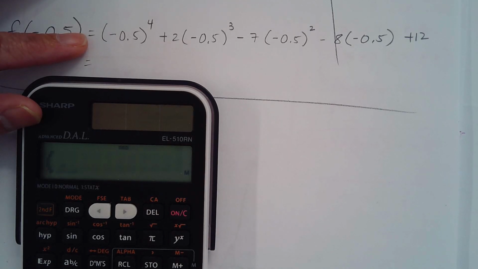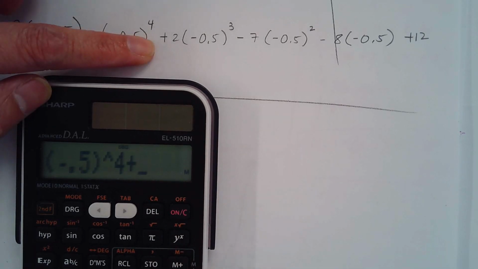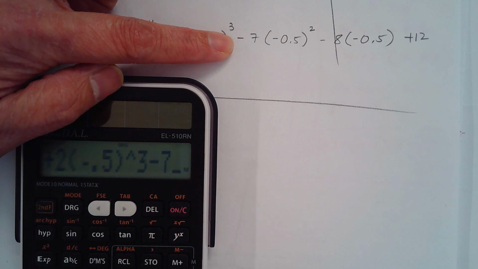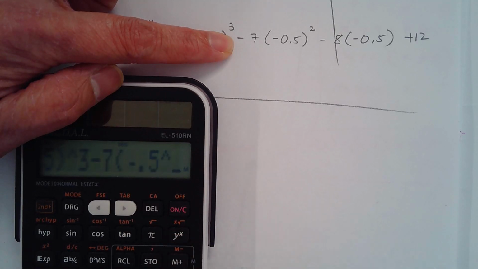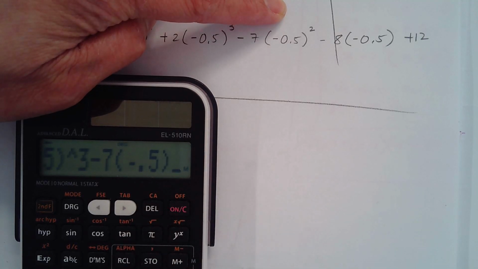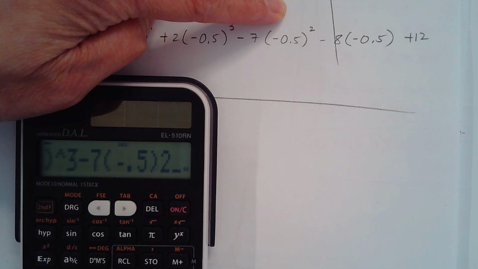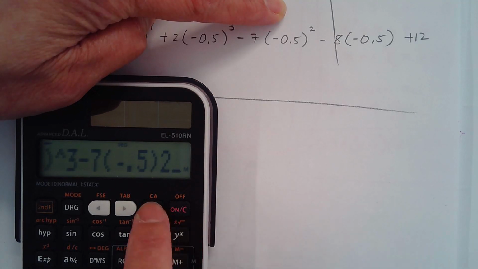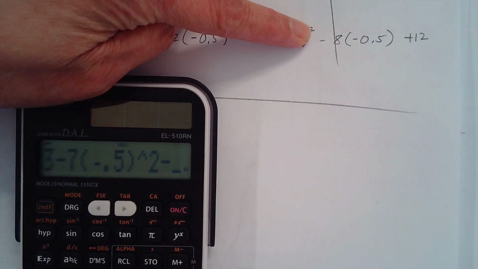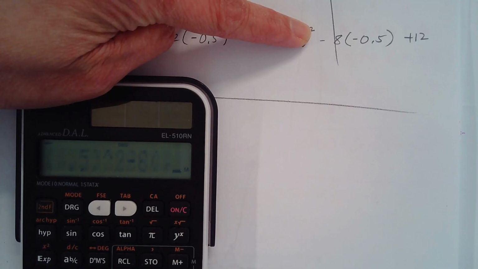Okay, so brackets -0.5 to the exponent 4 plus 2 brackets -0.5 to the exponent 3 minus 7 times -0.5 to the exponent 2. Oh, that's where I made a mistake. Brackets, exponent 2, minus 8 times -0.5 plus 12.